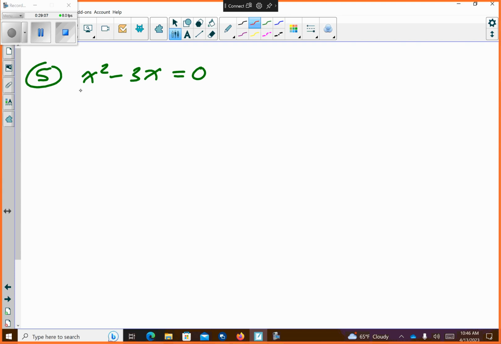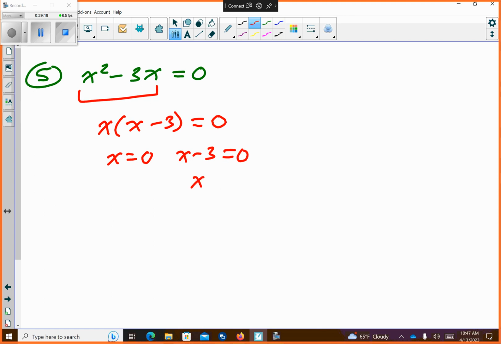What do these both have in common with each other? X. There's my answers. Okay? I would bet you, if you didn't see that trick, the quadratic formula is a lot longer process. Agree?